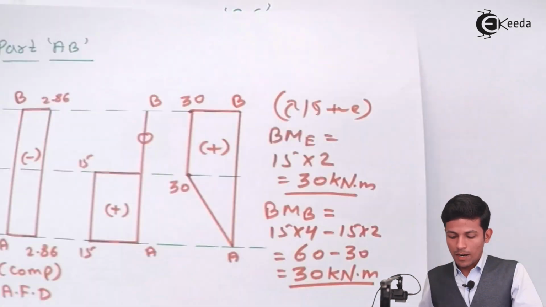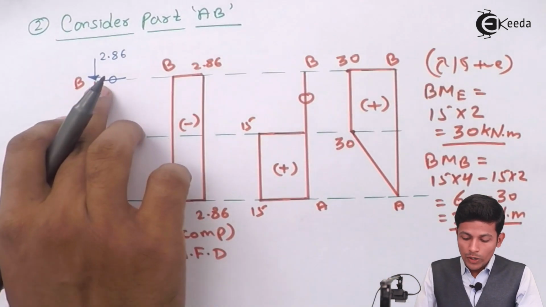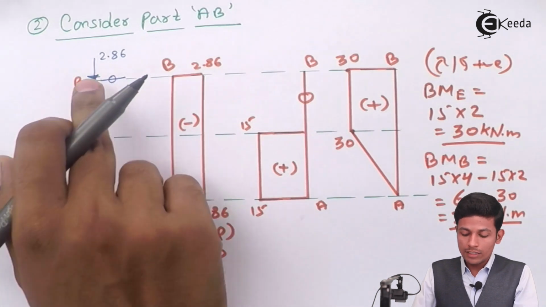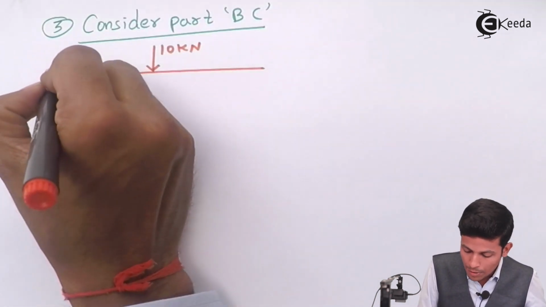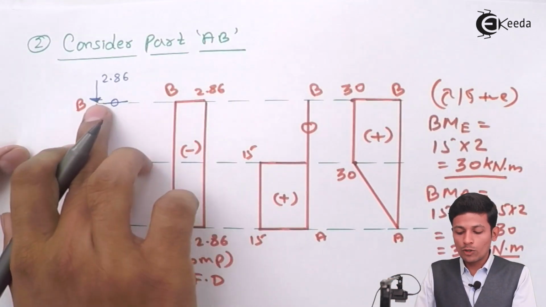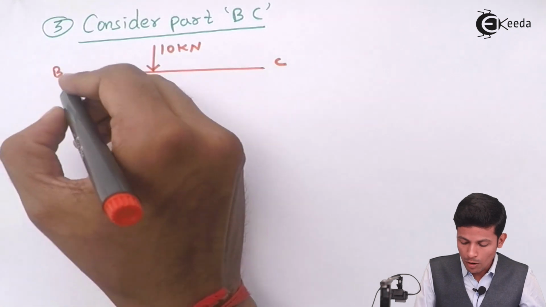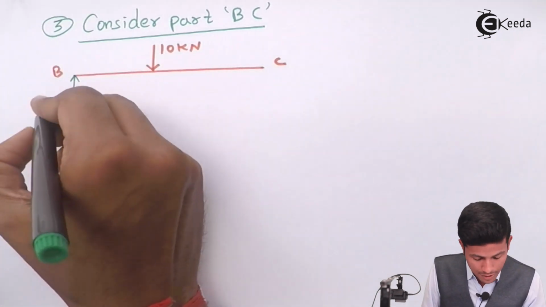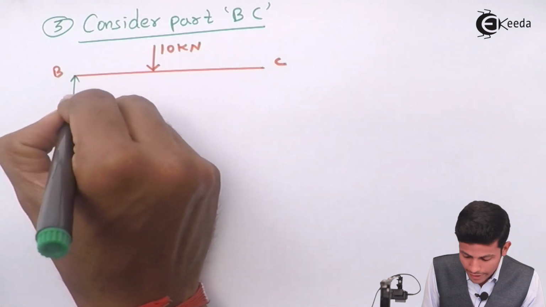Now see this part. See, at B the force is going downward, so to balance this, the direction at B and C will go upward. See, this one will go upward, 2.86.